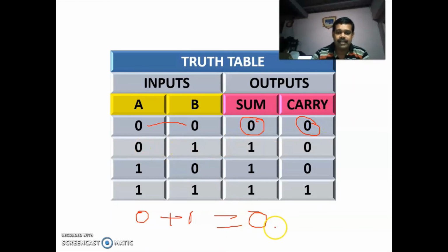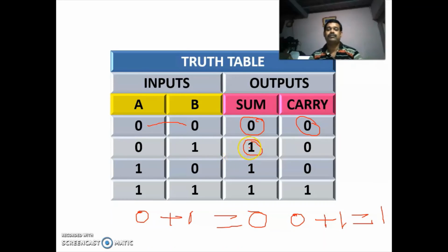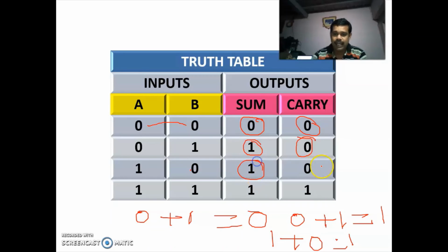Next you add 0 plus 1, which is 1, so sum is 1 and carry is 0. Next, 1 plus 0 is 1. Sum is 1, carry is 0.